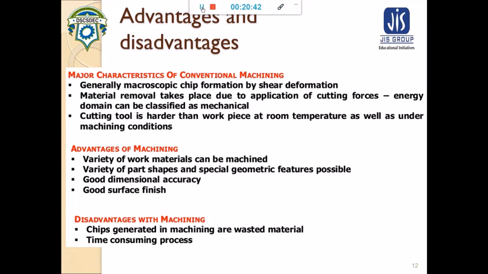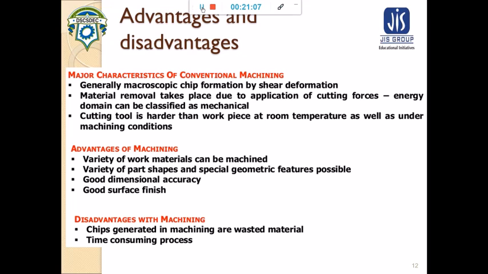So what are the advantages of machining? A variety of work materials can be machined, a variety of part shapes and special geometrical features are possible, good dimensional accuracy can be achieved, and good surface finish can be achieved. These are the advantages of machining process. And what are the disadvantages? The chip generated is a huge problem.